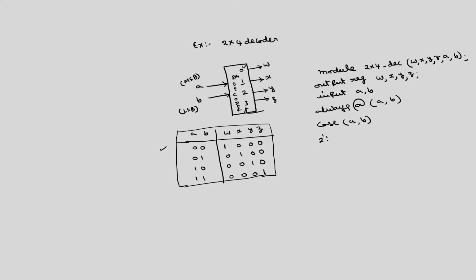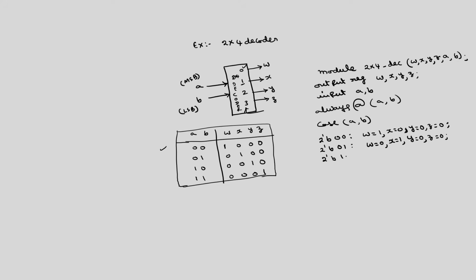Two bit binary 00, output will be W is equal to 1 comma, x is equal to 0, y is equal to 0, z is equal to 0. They are all commas, not semicolons. Finally, here we have semicolon. 2'b01, this is colon, w is equal to 0 comma, x is equal to 1 comma, y is equal to 0 comma, z is equal to 0 semicolon.